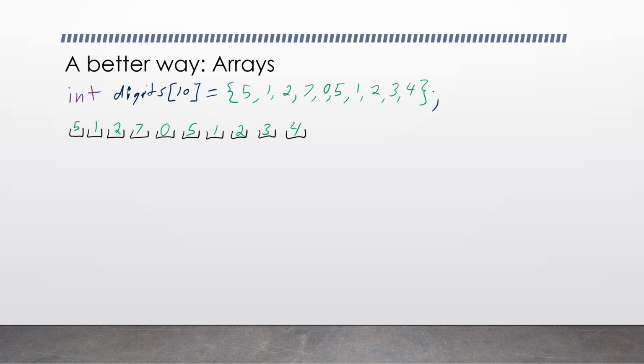But it's lumped these all together into one variable named digits. Okay, and that digits is an array.